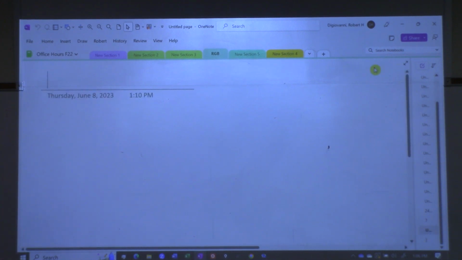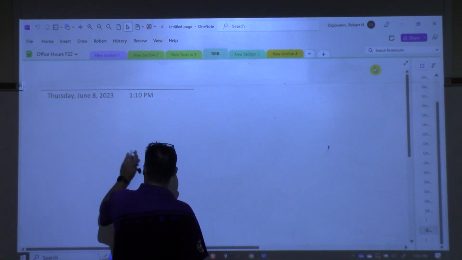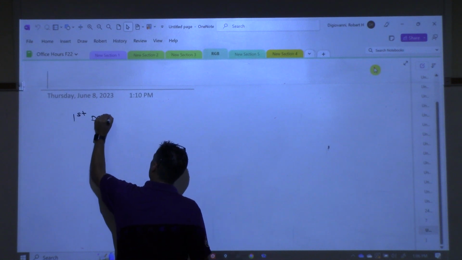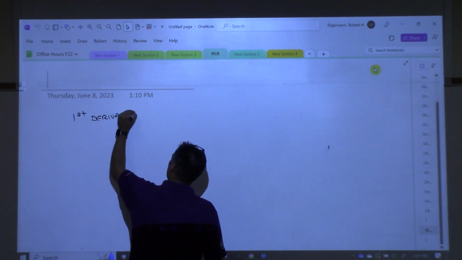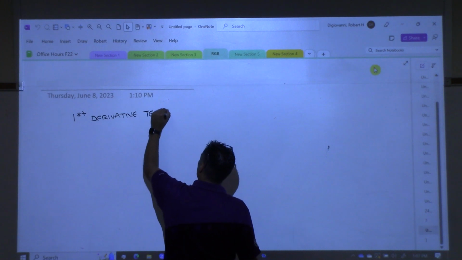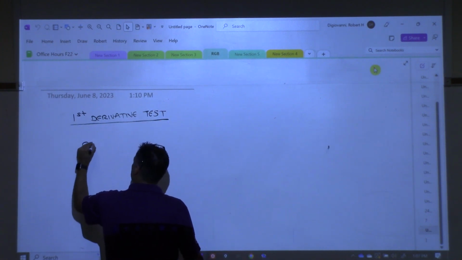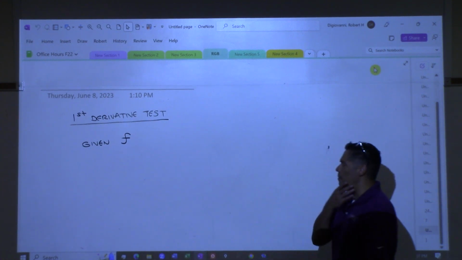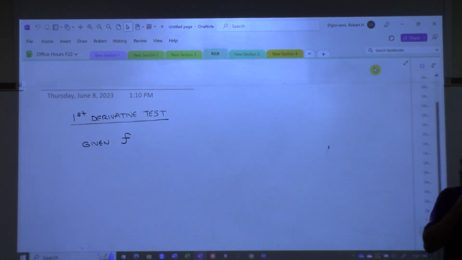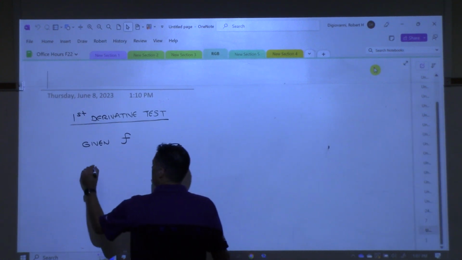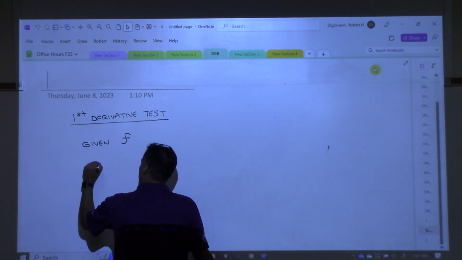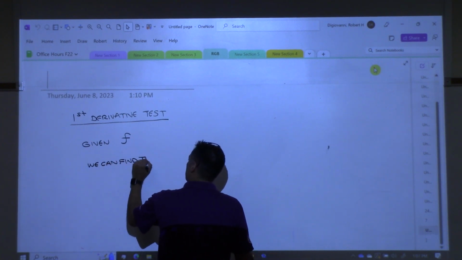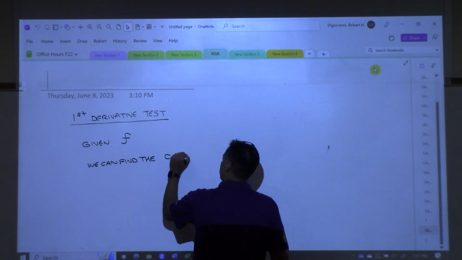The first derivative test says that if you're given some function f, and let's not even think about the domain right now, then we can find the critical numbers, Cn for critical numbers, right?